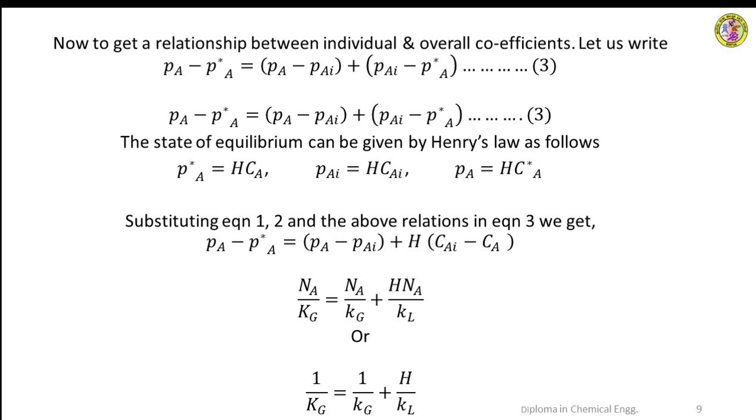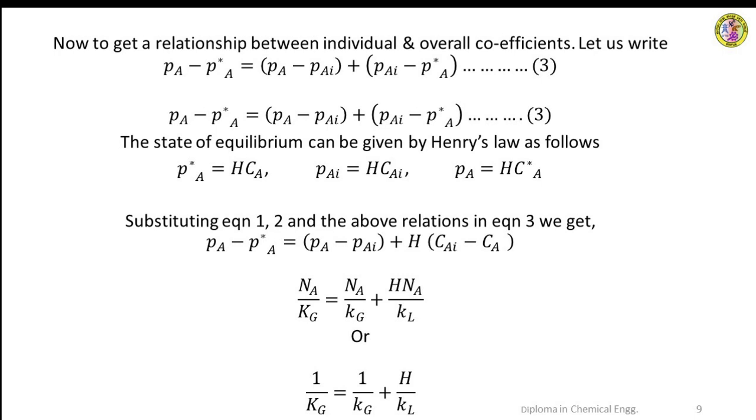So we get Pa minus Pa star equal to Na divided by Kg, from equation 1. Then Pa minus Pai on the right hand side is nothing but Na divided by small kg, from equation number 2. For the next term, Pai minus Pa star, instead of Pai we can write H Cai using Henry's law, and Pa star can be written as H Ca.